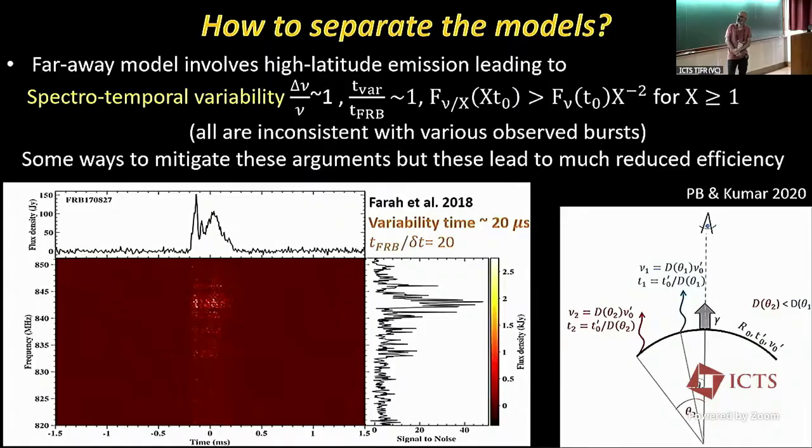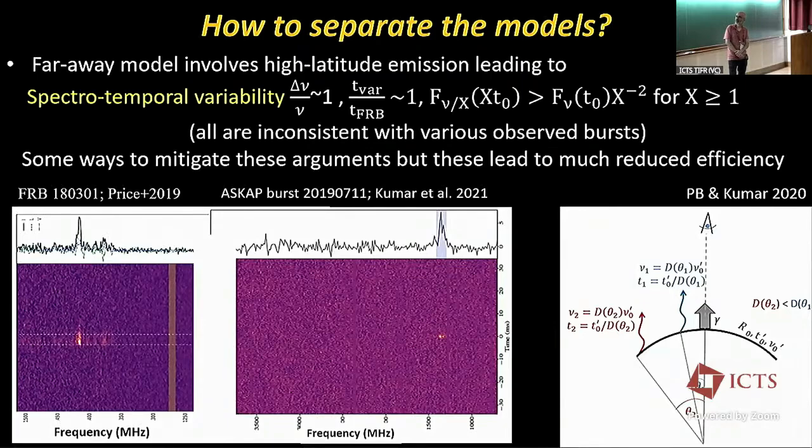And we have some observations that already are pushing against these limits. So you see here an example of an FRB with a very rapid variability time compared to its duration. And you see an example here of an FRB with a very narrow spectrum. And these things are very useful to constrain the models.